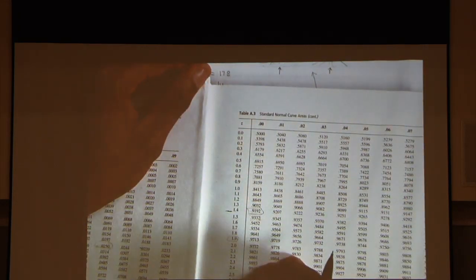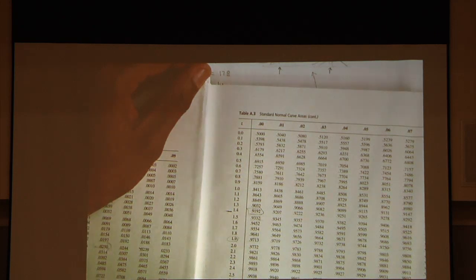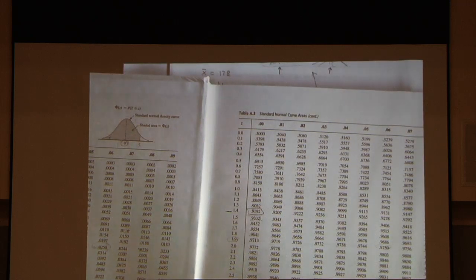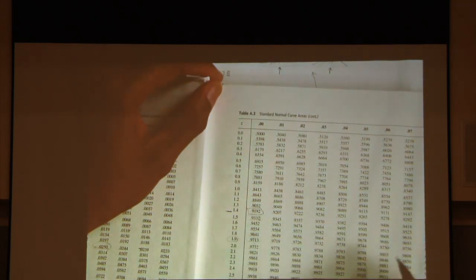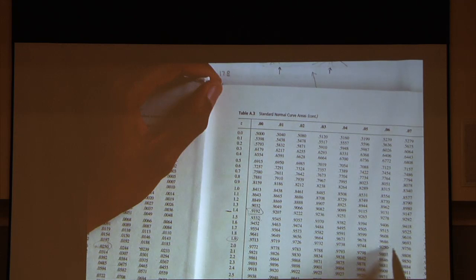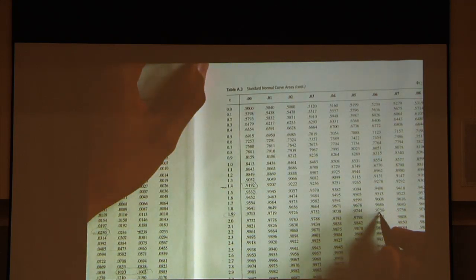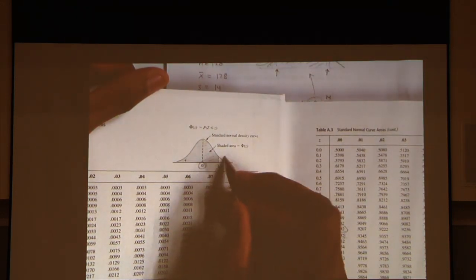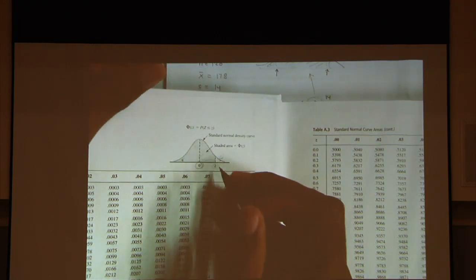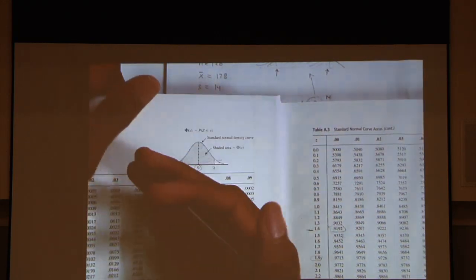So you want the z value that has 0.025, or 2.5%, on the outside of it. So here I have 1.96, and what did I use? Yeah, I used 1.96. So this corresponds to some z value here, and this shaded area is only 2.5%, right? Then on the other side is going to be negative 1.96. That's why you do plus or minus here.